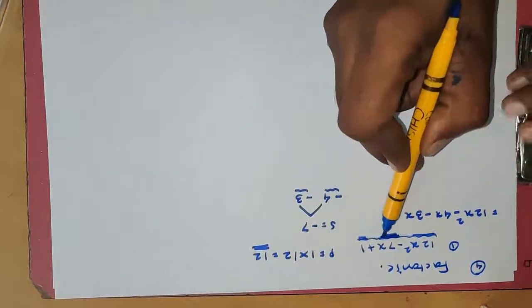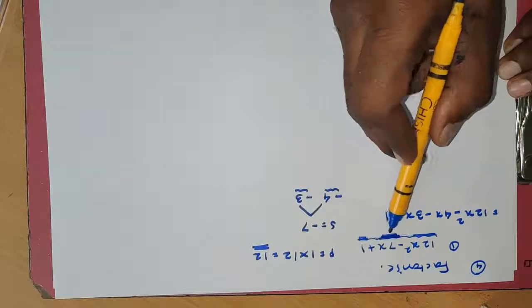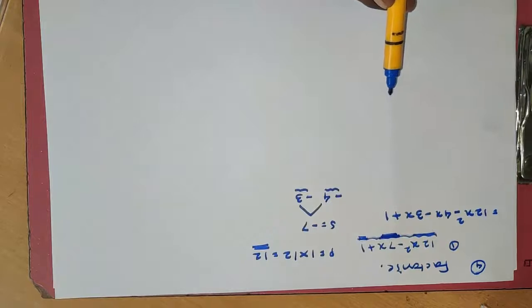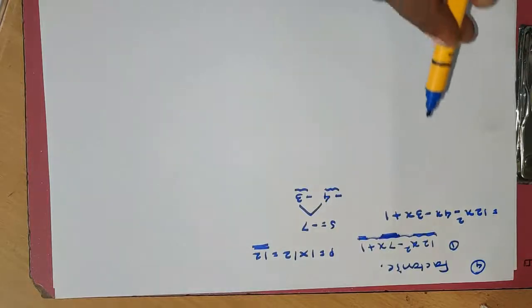Minus 4x minus 3x will again be minus 7x, so we are not changing anything in the quadratic polynomial. We are converting the three terms to four terms.